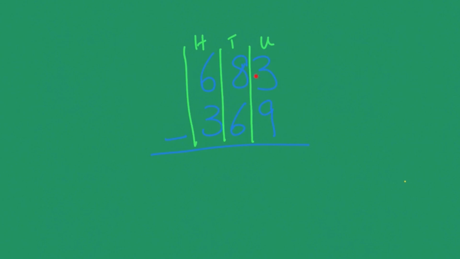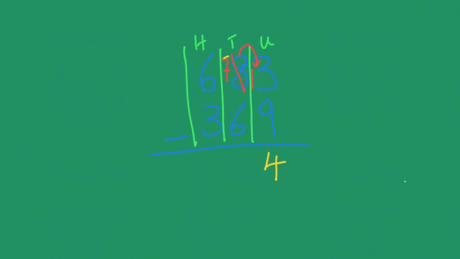So we start with the units section first. Now 3 minus 9. Obviously 9 is too big to subtract from 3, so we have to do some borrowing. So we're going to borrow a 1 from the 8 over here, and this is left with 7. Okay, so let's try. 13 minus 9 gives me a 4.